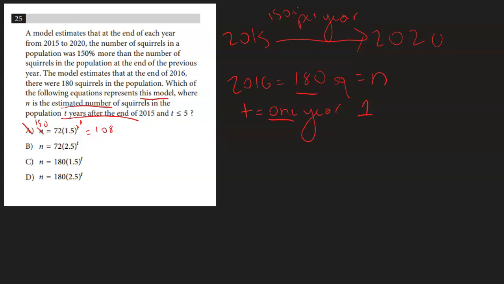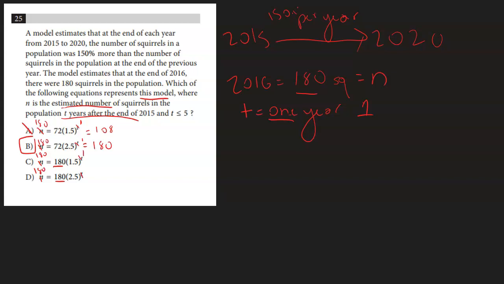And we plug in 1 for this, we do 72 times 2.5, which is 180, so B is a likely answer. And if we keep going, we can tell immediately that these are wrong, because these should equal 180, because that's the amount of squirrels after 2016.